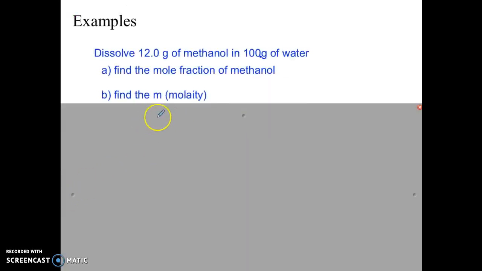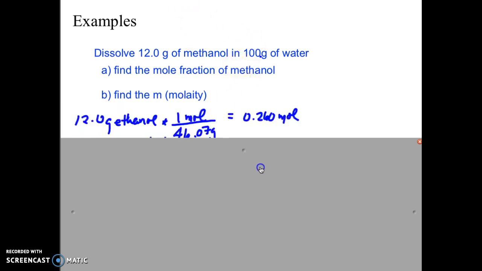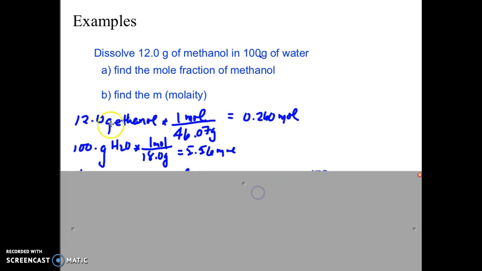When we look at dissolving 12 grams of methanol in 100 grams of water, find the mole fraction. Well, the first thing you have to do is get both of those components into moles. So I converted my 12 grams of methanol. Oops, I have ethanol here. You know what? I might have the wrong molar mass here. I believe that is the molar mass for ethanol, so let's just make that easier.